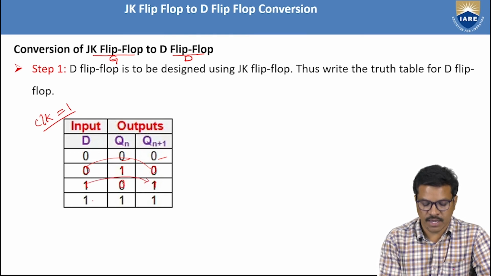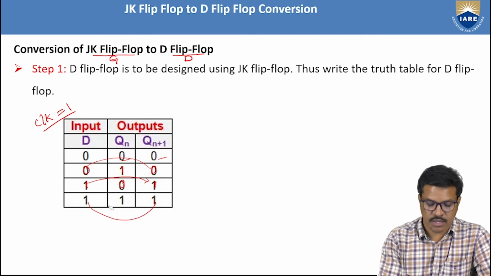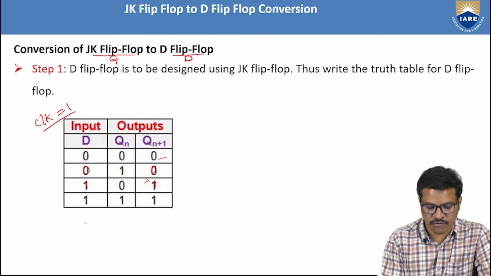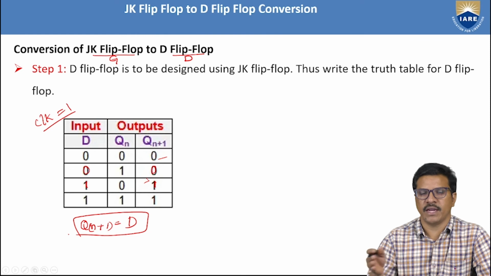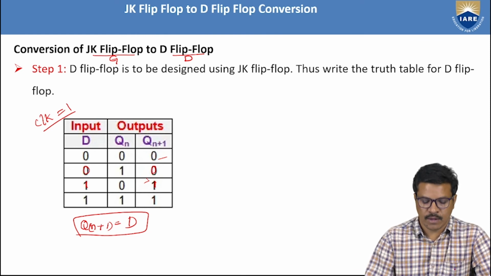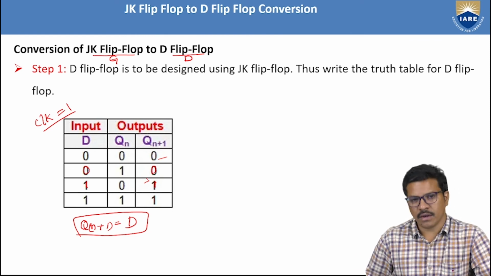So after some delay, that D is passed to the Qn plus 1. So we know that the characteristic equation for this D flip-flop, the next state equation, is Qn plus 1 is equal to D. Whatever the D input, after some unit delay you will get the same D appear at Qn plus 1 in the next step.